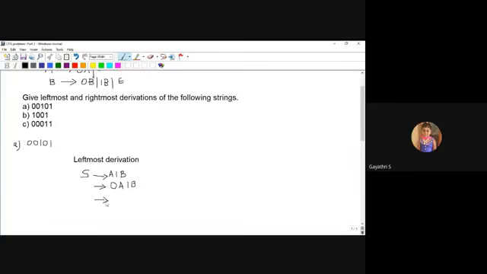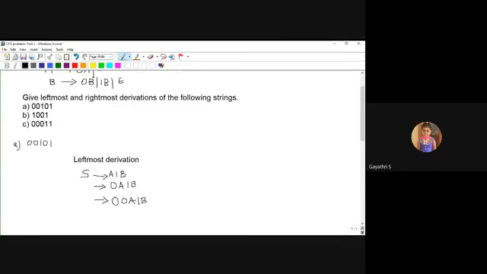In the next step, we can replace only one non-terminal at a time. There are two non-terminals available, so I will choose A, the leftmost variable. Again, instead of A, I will replace 0A, keeping 1B as it is.